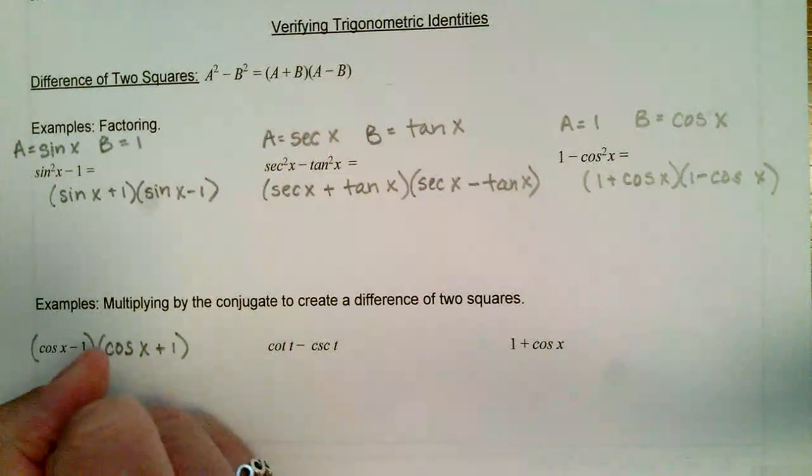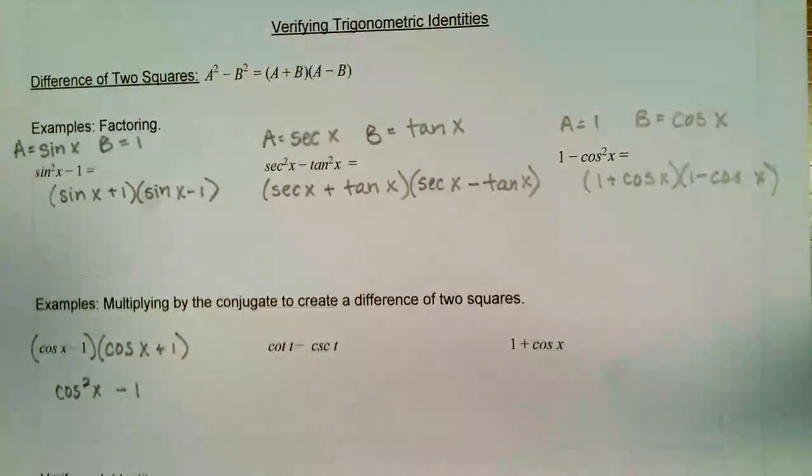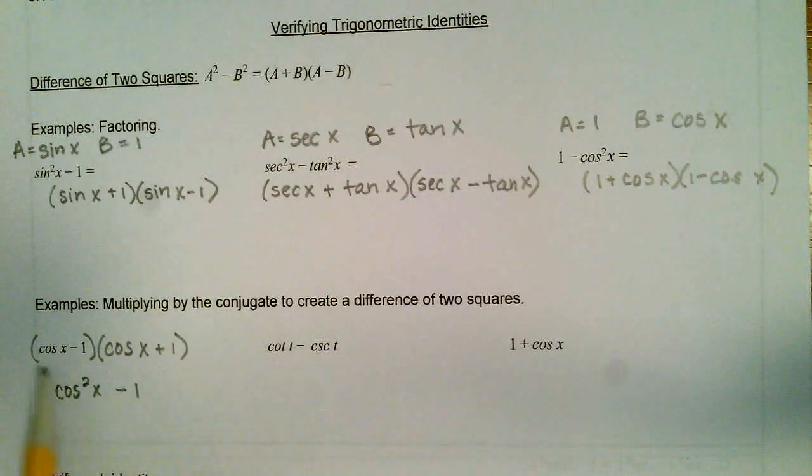So quickly, this is going to become cosine squared of x minus 1. Okay, if you are not convinced of that, try multiplying this out using FOIL or the box method or the distributive method, and you'll see that it simplifies to this.